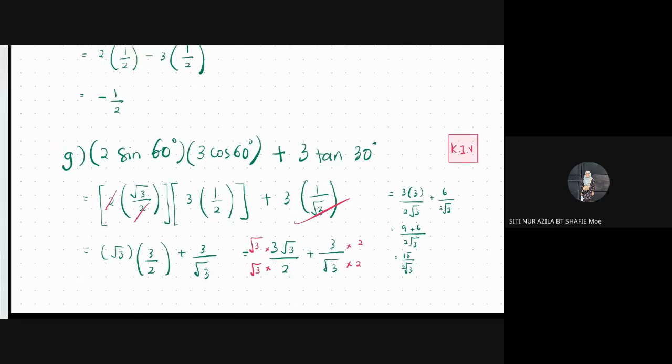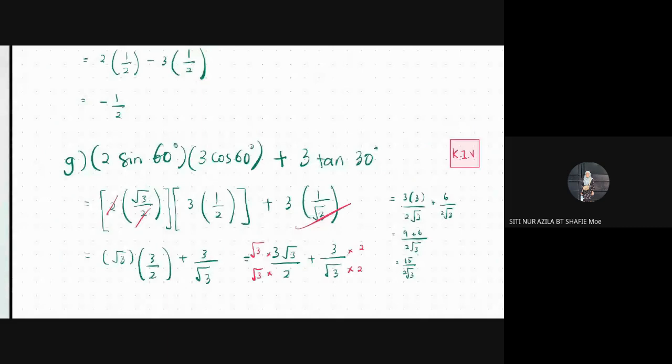I'm going to give you the answer in your chat room. I'm actually quite confident with my answer, but I cannot find where I got this wrong. So, KIV this question. I'm going to share the answer with you later in your chat group. Okay? So, let's continue with what I've planned for today's lesson.